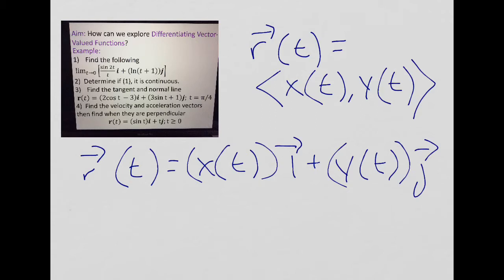A lot of times on the AP exam, the AP readers can read the vectors with the arrow like I'm doing, but you can also write it in bold, and the way that they type it is also bold. So you see that with vectors i, j, and r in my examples.